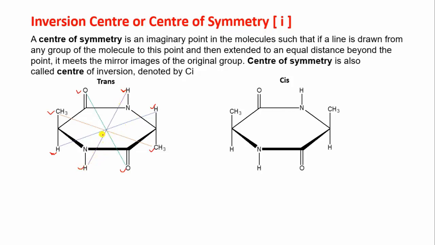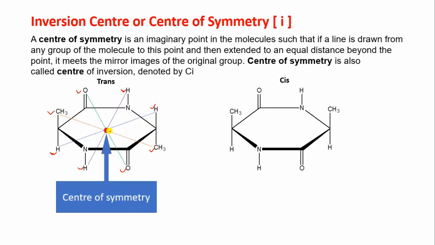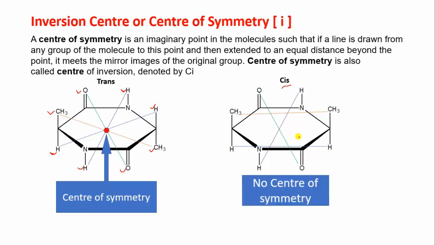So in this example, by drawing a line to the opposite mirror group, it has a center of symmetry. But in this cis example, by drawing a line to the opposite group, it does not have any center of symmetry. So the trans compound becomes achiral and the cis compound becomes chiral.